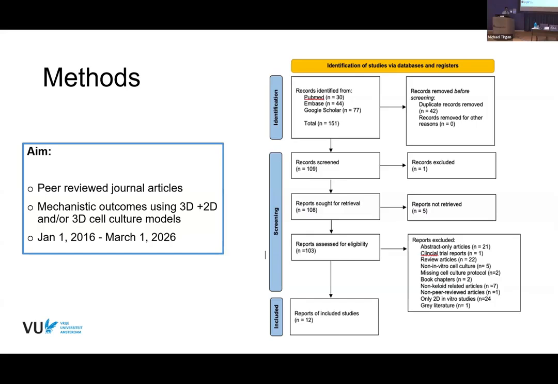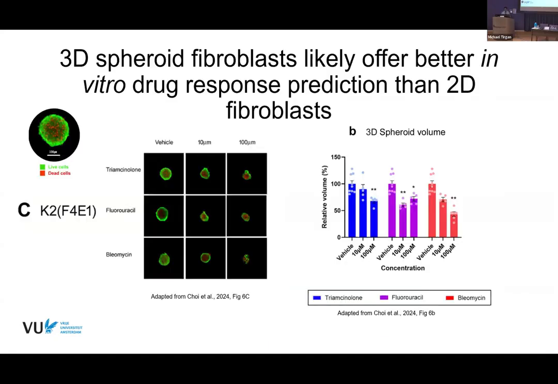The inclusion criteria also included having only peer-reviewed journal articles. So I identified 151, but I ended up only getting 12 that really fit the criteria. And so here's what I found.